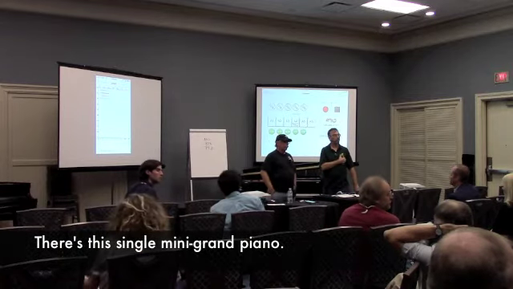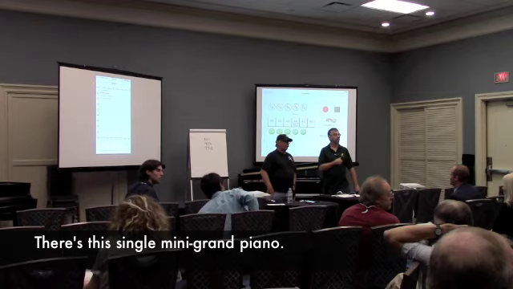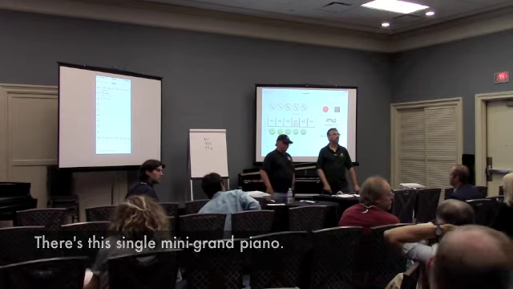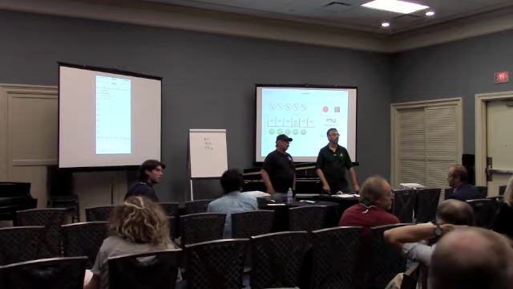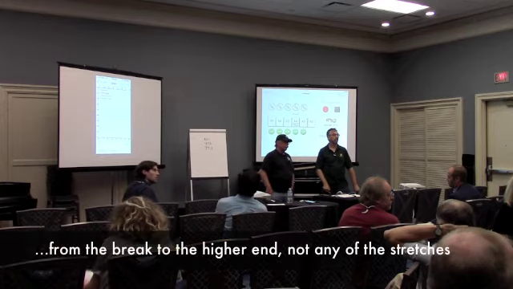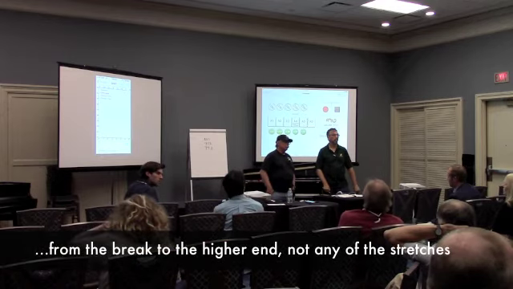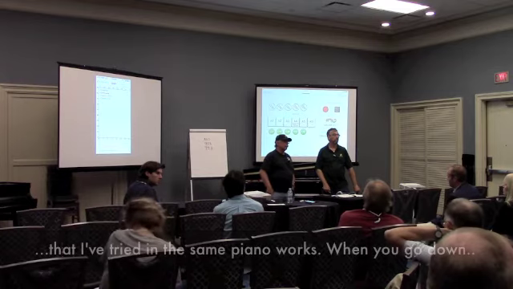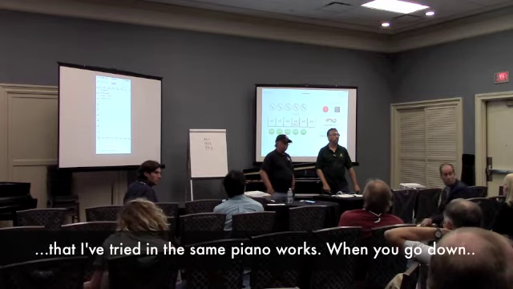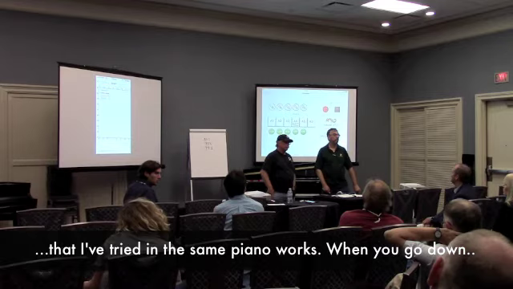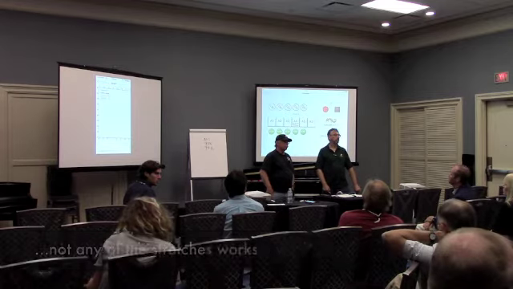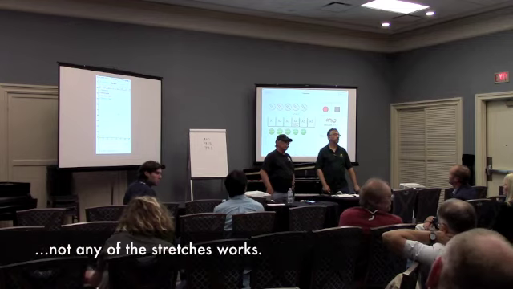Yes. I've had problems with small pianos. There's this Curveball mini grand piano that from the break to the higher end, any of the stretches that I've tried, because I've tried like 4 in the same piano, it works pretty much. But when you go down, none of the stretches work.